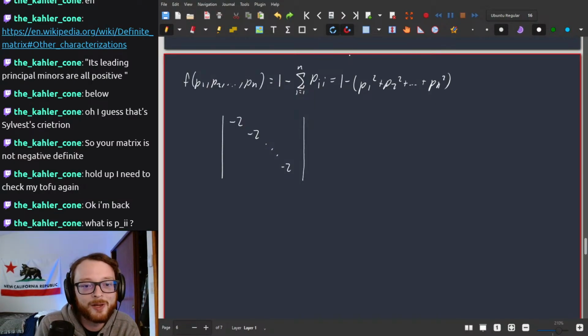This comes from my math biology class. P_ii is the proportion of people, the frequency of people, with two alleles for the same gene.